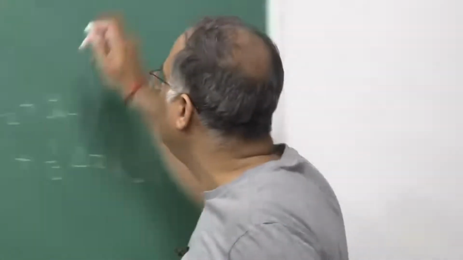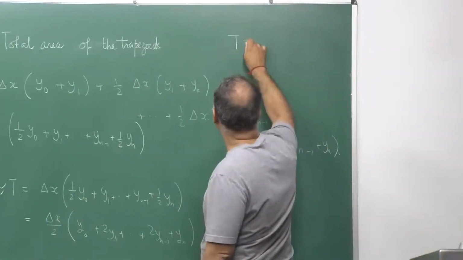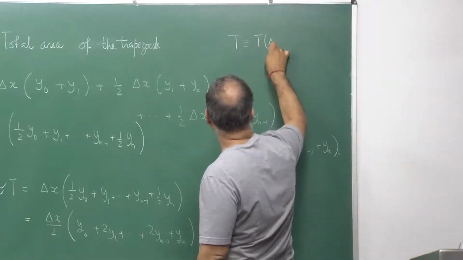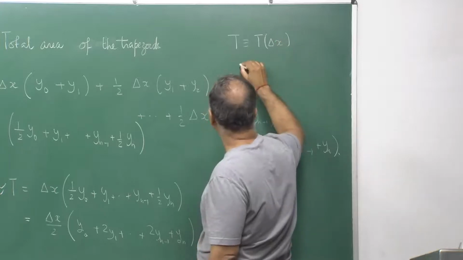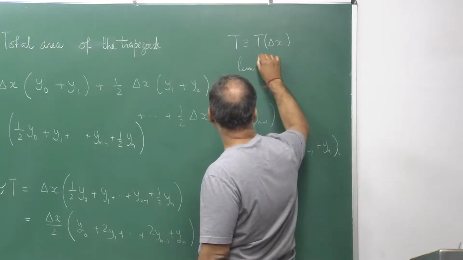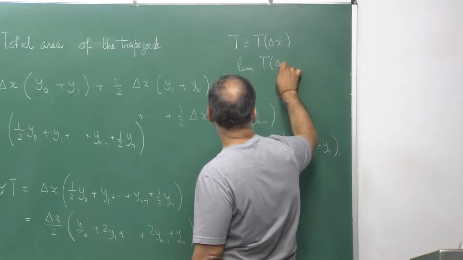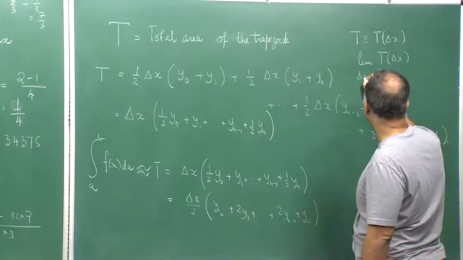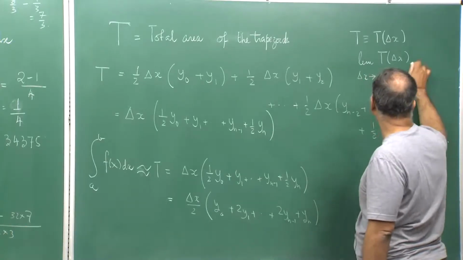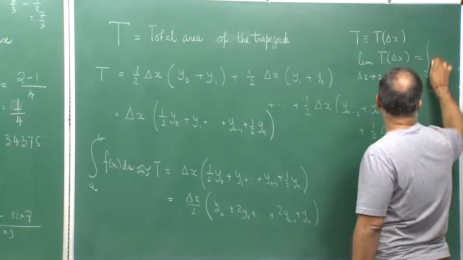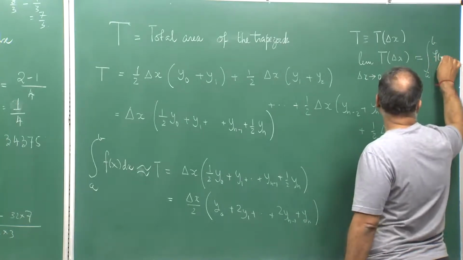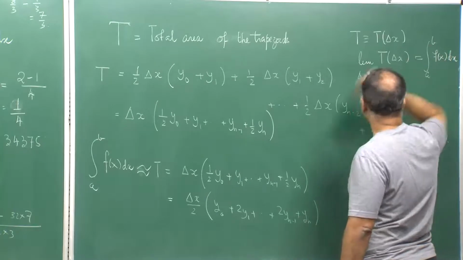So, as n goes to infinity, delta x goes to 0. t is actually a function of delta x. What we want to show is that the limit of t of delta x as delta x tends to 0 is actually the integral, and that would tell you how effective this method is.